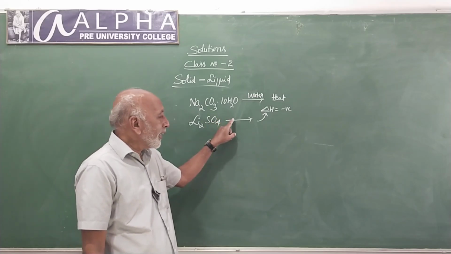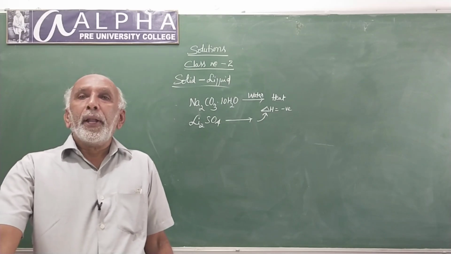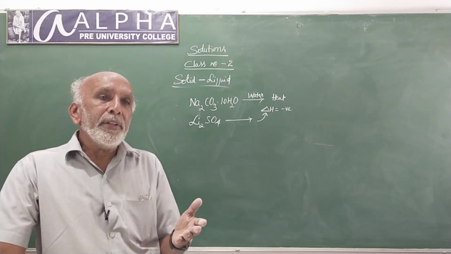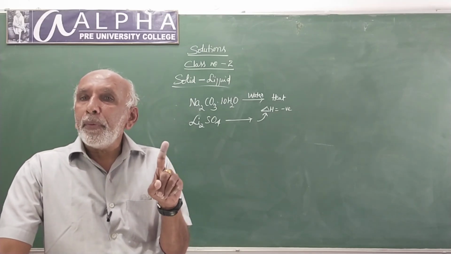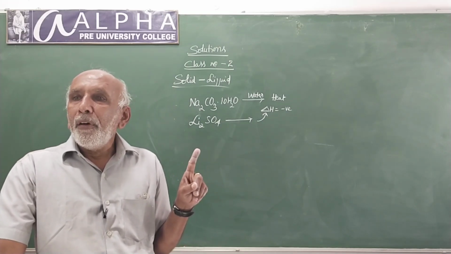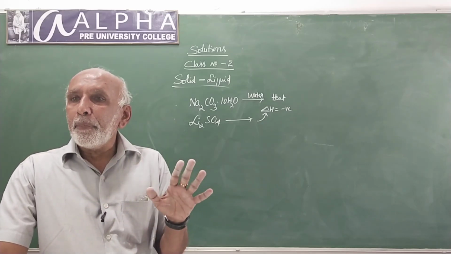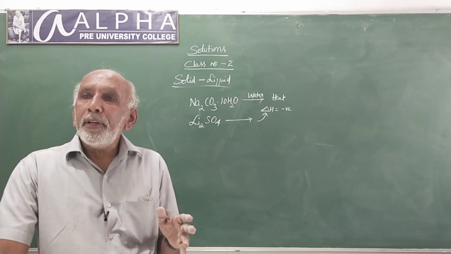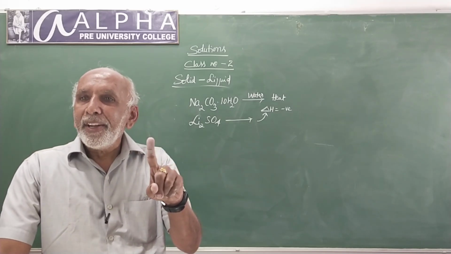In such cases, according to Le Chatelier's principle, for a process in which heat is liberated, which is exothermic in nature, rise in temperature is not favorable. For all exothermic processes, rise in temperature is not a favorable condition, whereas for endothermic processes, rise in temperature is a favorable condition.